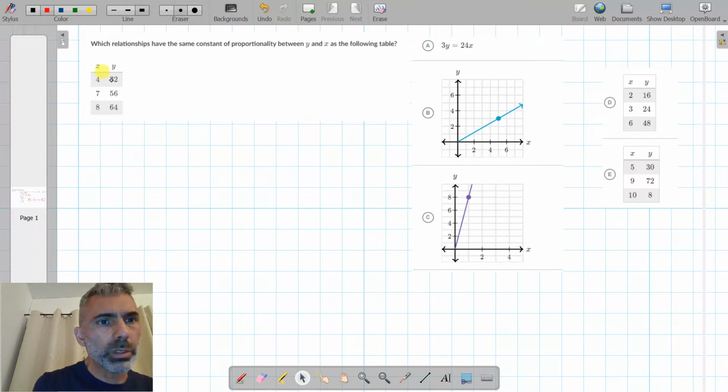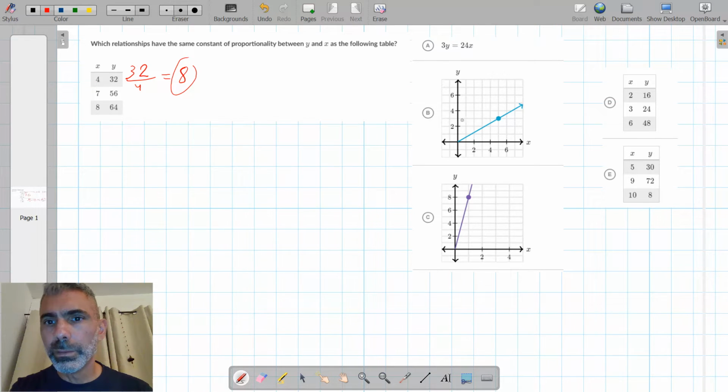Okay, so the constant of proportionality here is 32 divided by 4. 32 divided by 4 is 8, 56 divided by 7 is 8, and 64 divided by 8 is 8. So the constant of proportionality in this table is 8.